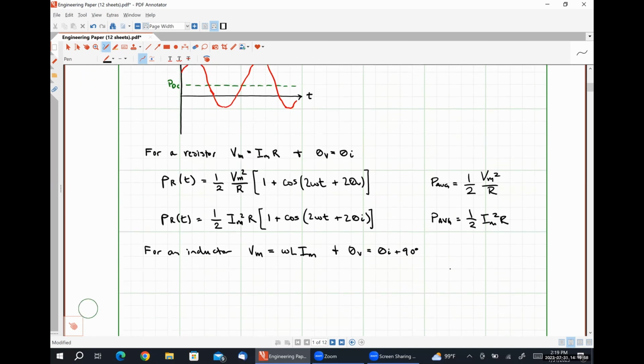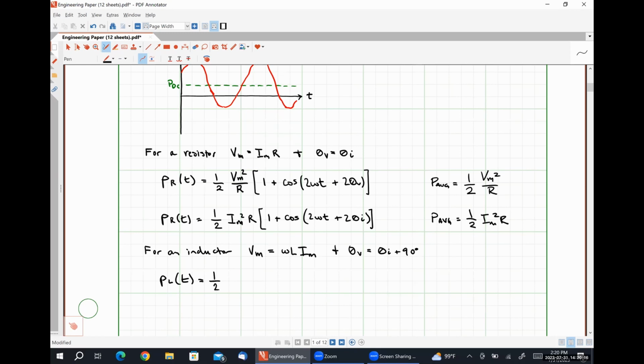So we're going to do much like we did for resistors. We're simply going to make simple substitutions to our generic equation to see what shakes out here, right? So we're going to have 1/2. VM is going to stay the same.